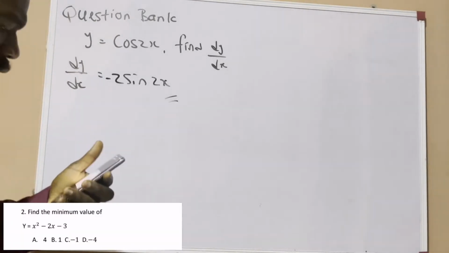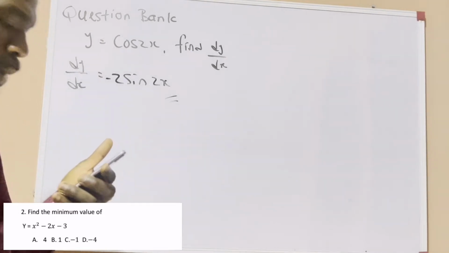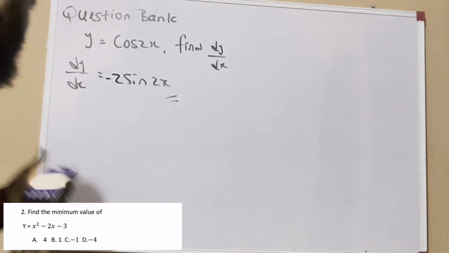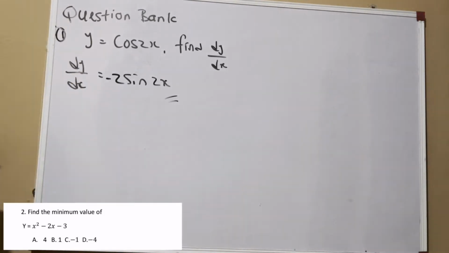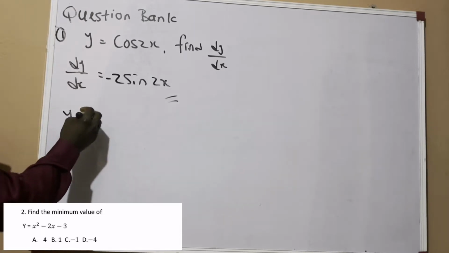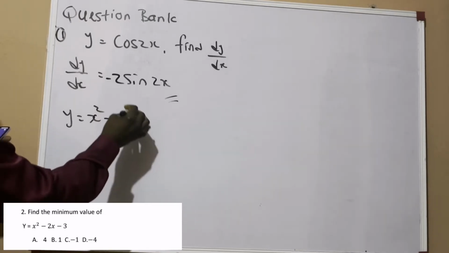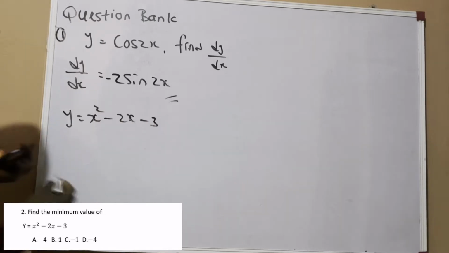Question number 2 says, find the minimum value of y equals x raised to the power 2 minus 2x minus 3.